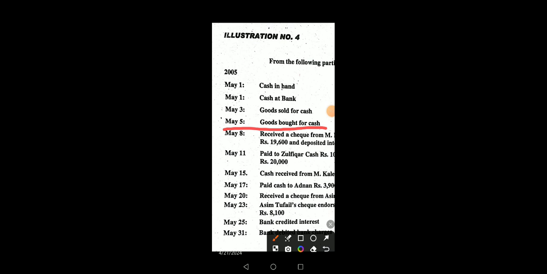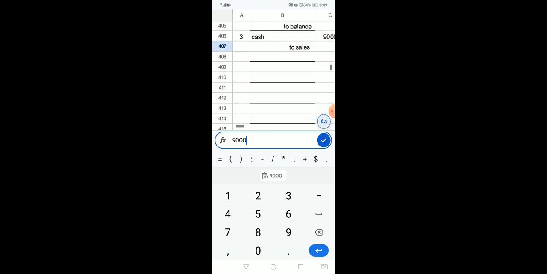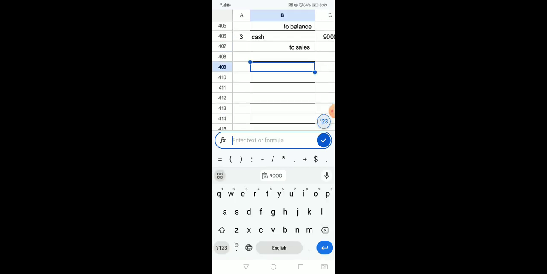In May 3 you were selling your goods, and now you are buying your goods. When you will buy goods, it means goods are coming in, goods are your near asset, so you were supposed to write goods on debit side because asset is increasing. Goods are your near asset, asset is increasing. Why am I calling it near asset? It's a separate explanation. Sometime in future we will explain why goods are near assets.